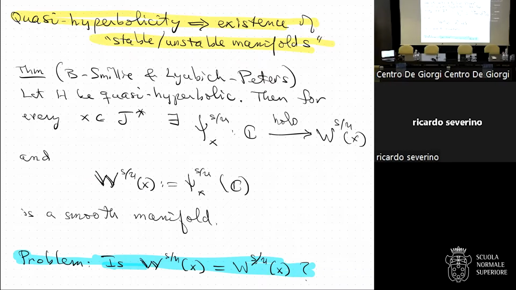For every point, but then if you have a bound, you can pass to the closure, and for every point of J star, you're going to have some guy that is acting like a stable manifold, some guy that's acting like an unstable manifold. And so we're actually going to get these smooth manifolds. We get smooth manifolds. And so we call them stable and unstable manifold.